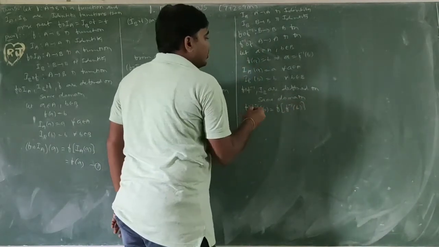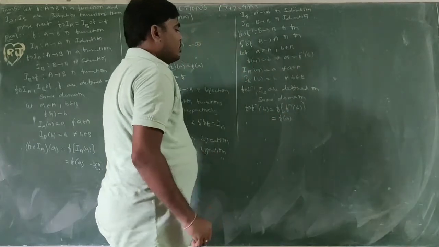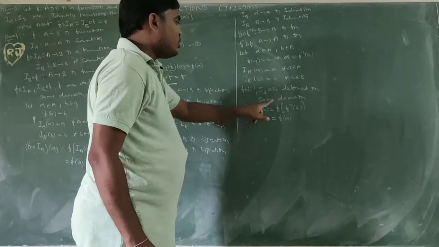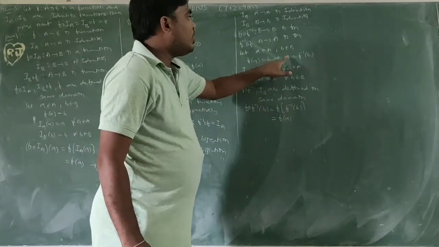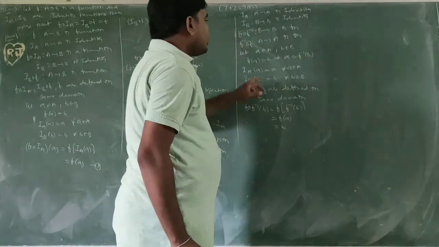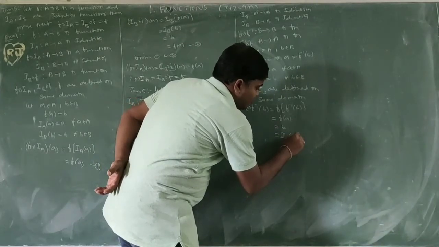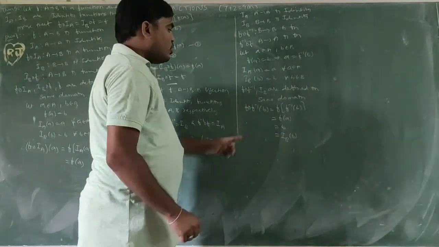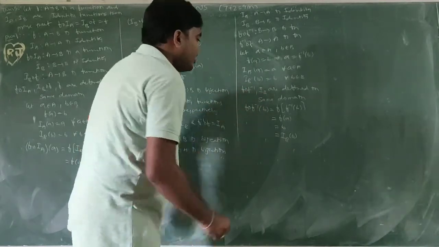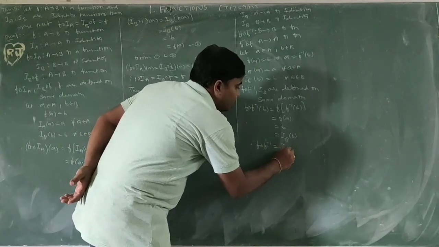F inverse of b equal to a, so F of a equal to b. So F inverse of b equal to a, F of a equal to b, so this b equal to IB of b. So these two have the same domain and corresponding images are equal. Therefore F circle F inverse equal to IB.